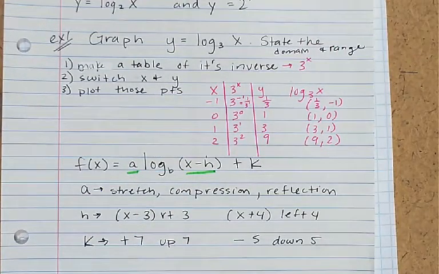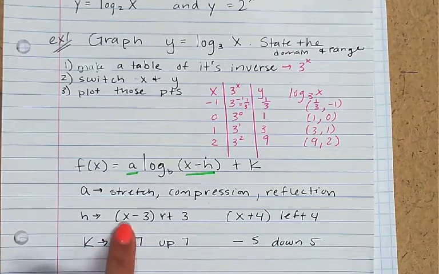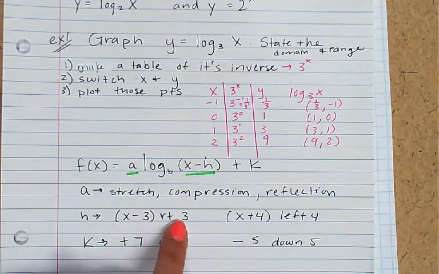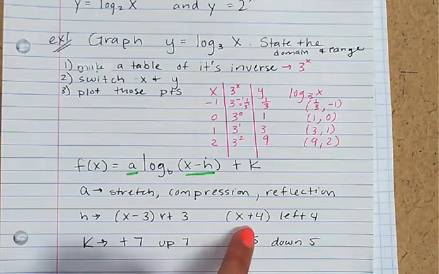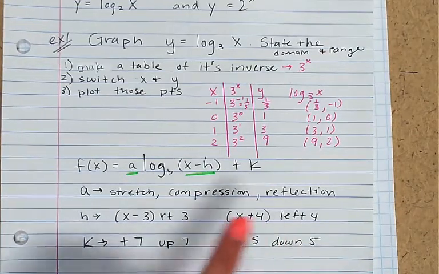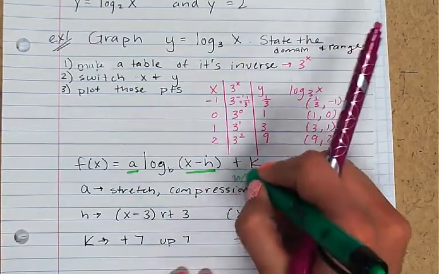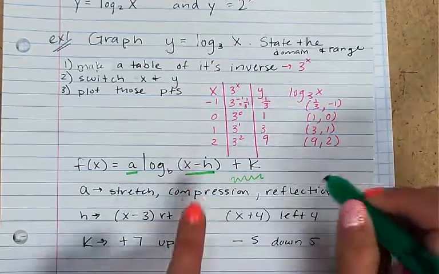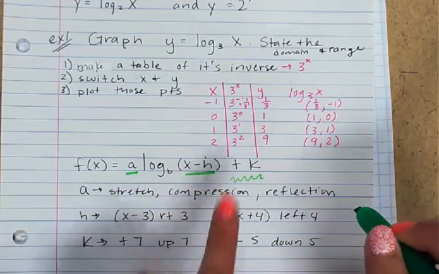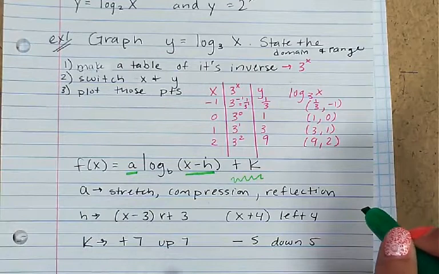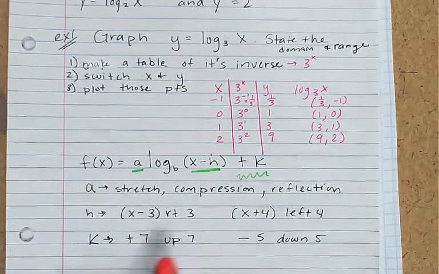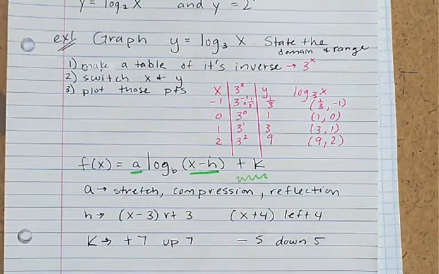And when you're going left and right, it's kind of like the opposite. If it's x minus 3, you're going to move to the right 3. If it's x plus 4, you're going to move to the left 4. And if there's ever some number over on the side that's being added or subtracted, not inside the parentheses, that's in charge of moving up or down. So that one's straightforward. If it's positive, you're going to go up. If it's negative, you're going to go down.